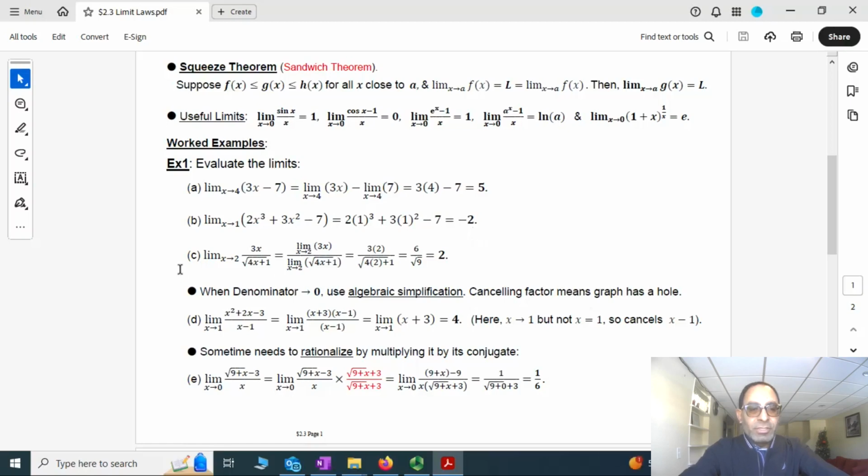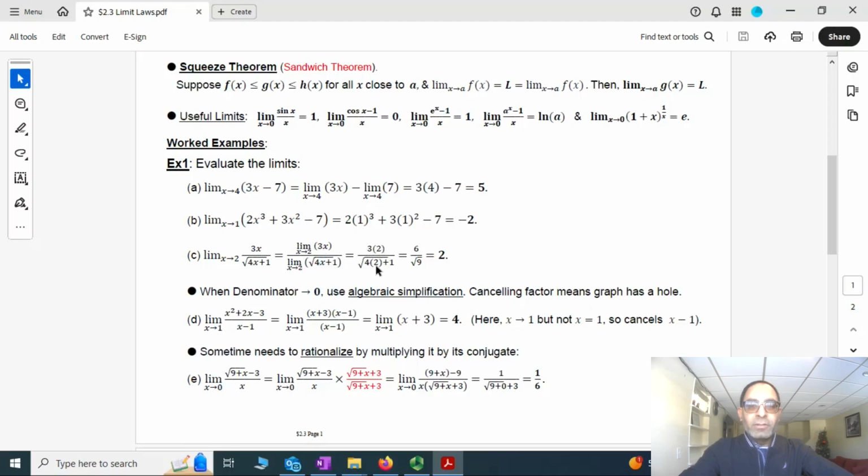Now we have question number C, different functions here. Limit of this quotient 3x over radical 4x plus 1 as x approaches 2 equals limit of the numerator over limit of the denominator. And the next step, on the numerator, we just plug x equals 2, so then 3 times 2 here.